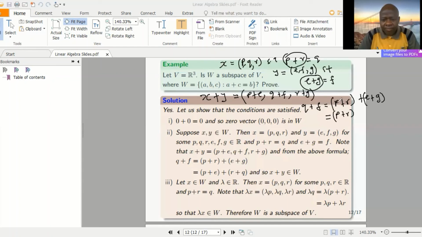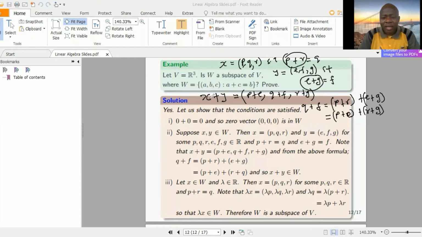I'm adding the first element of X and the first element of Y, then the third element of X plus the third element of Y. So Q plus F is P plus E, and then R plus G. Make that correction: this is P plus E. In other words, the second element is the sum of the first element and the third element.